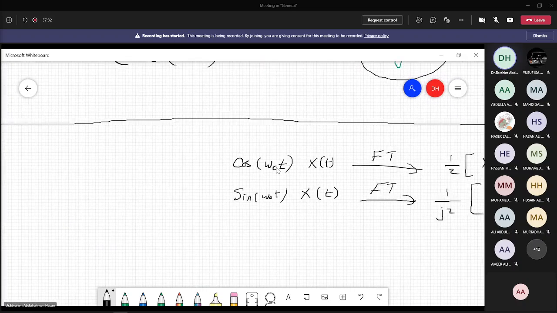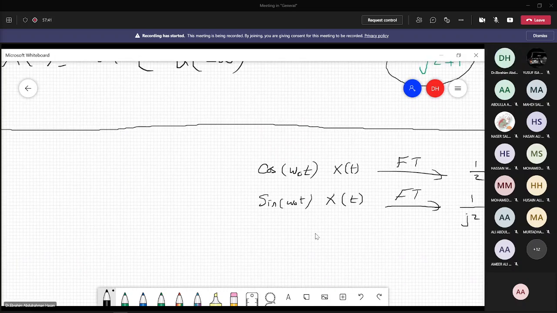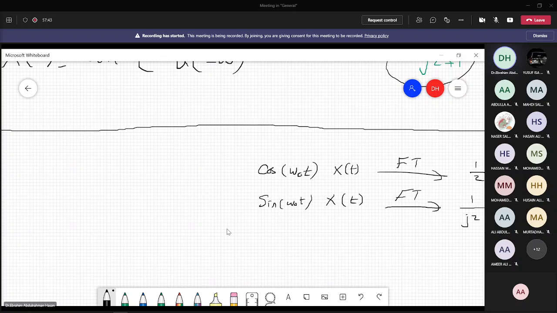Basically, here we have a multiplication, so multiplication with a cosine in the time domain should be convolution in the frequency domain. For a cosine, we get impulses at f naught and minus f naught.